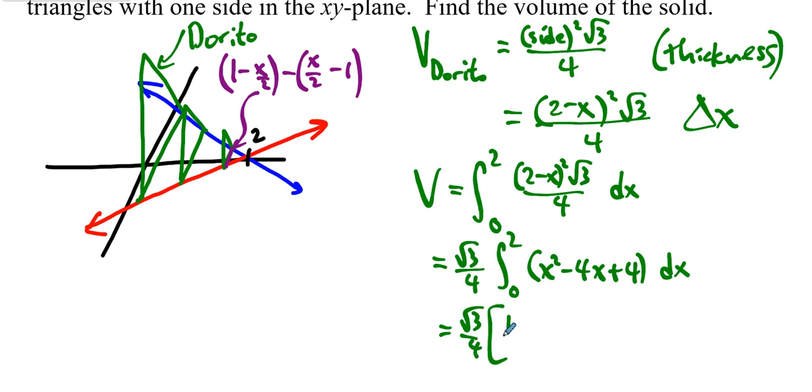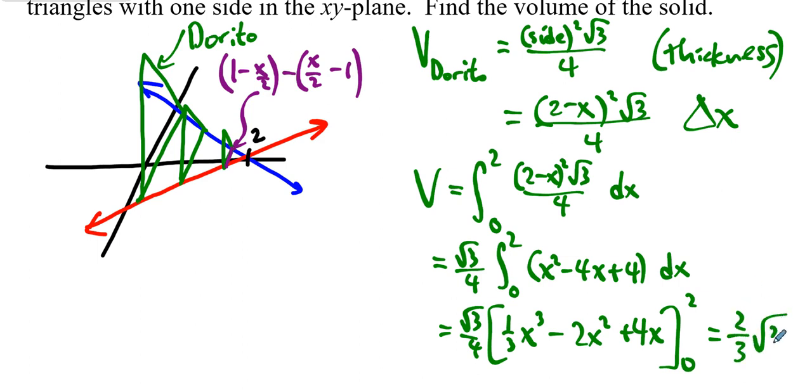We take an antiderivative, one term at a time. We substitute the 2 and then the 0, which is substantively easier, and we subtract. And this turns out to be 2/3 times the square root of 3. A very guessable answer. You probably had that already.